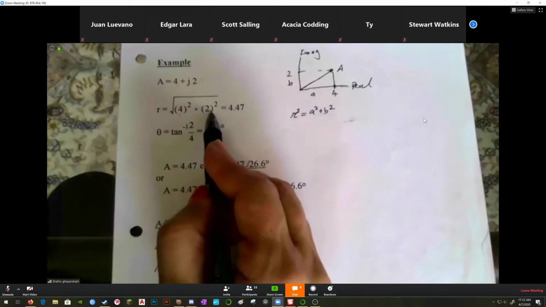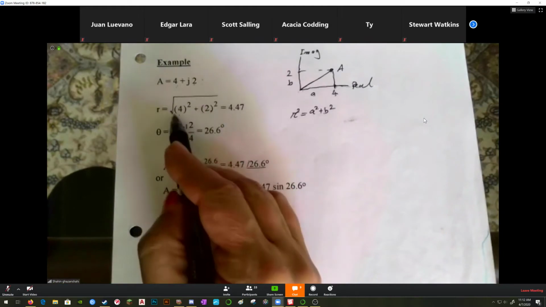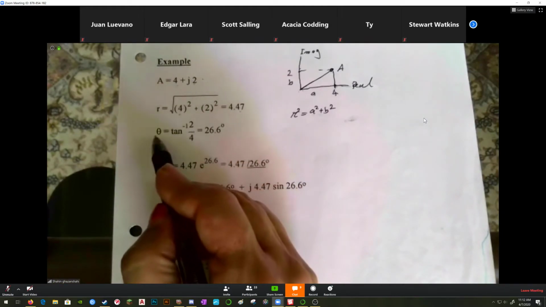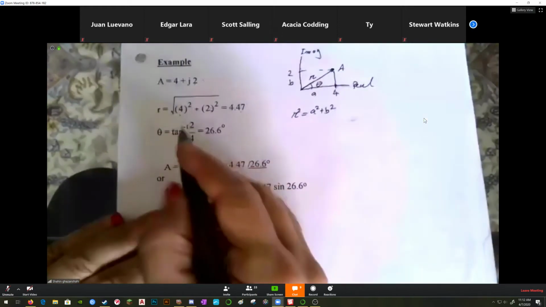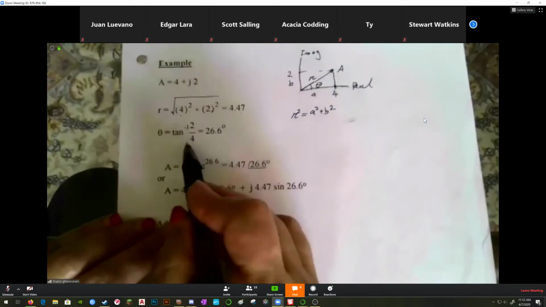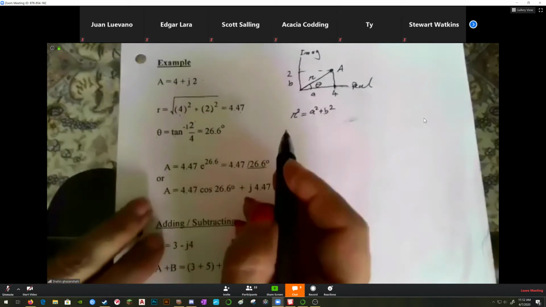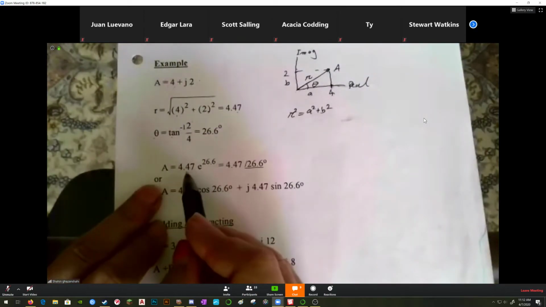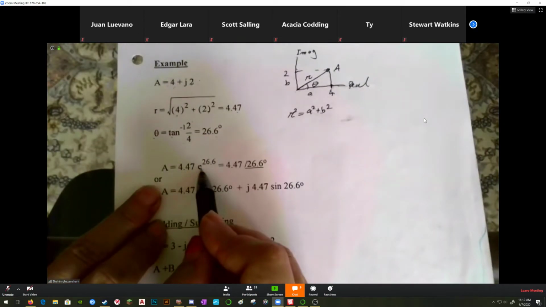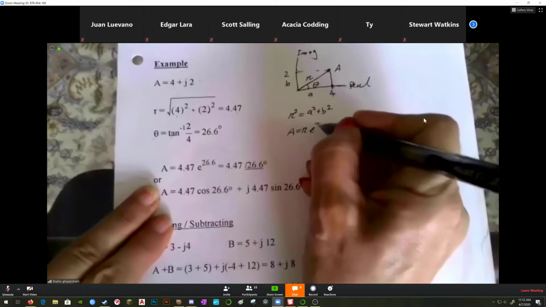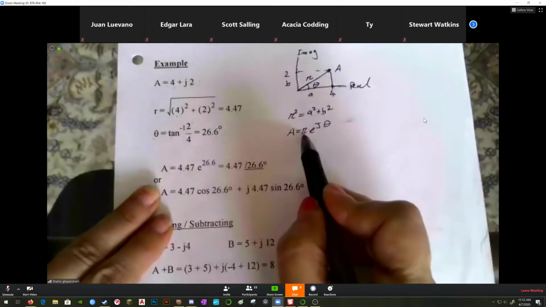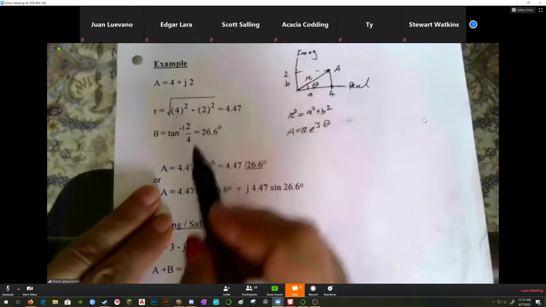So R is the square root of the square of the real plus the square of the imaginary. How do we get the angle theta? It is the inverse tangent of imaginary over real, correct? So I can write this A in exponential form, because A is R exponential of j theta. You got the R, you got theta.